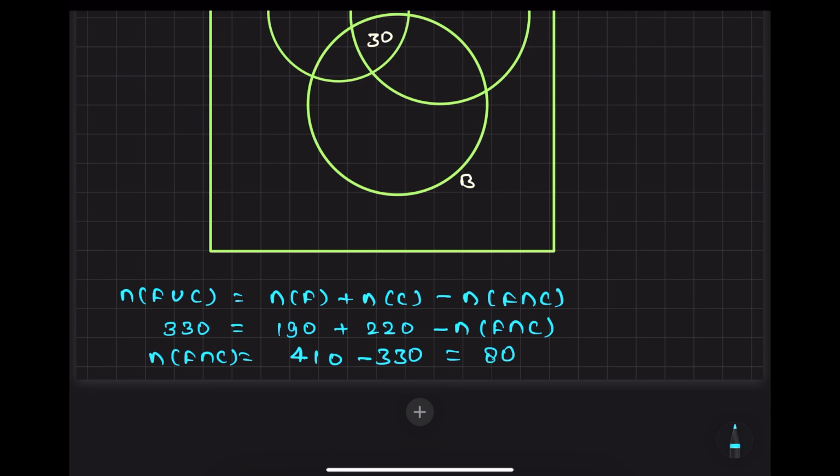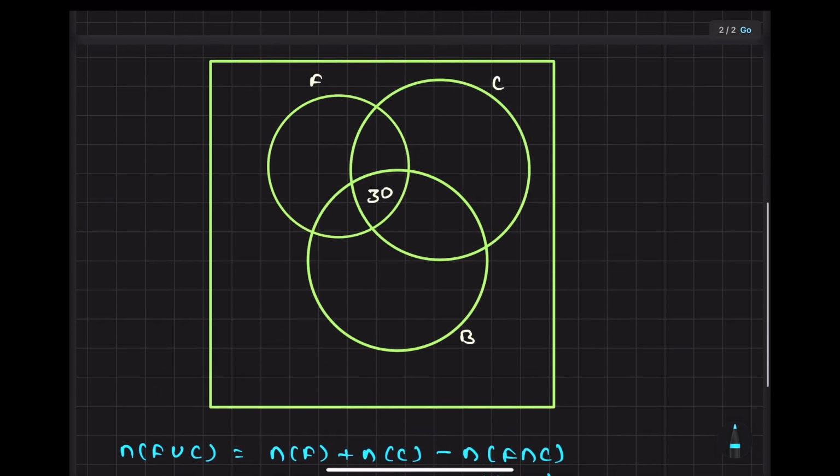So F intersection C is 80, and you have already used 30, so it is 50.